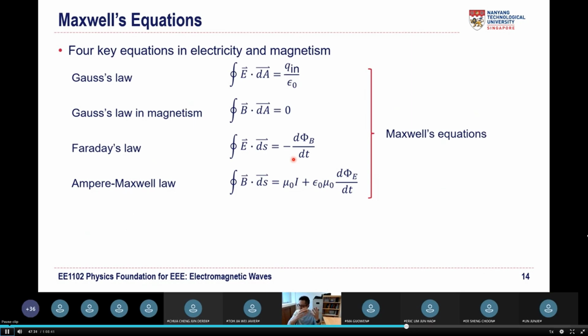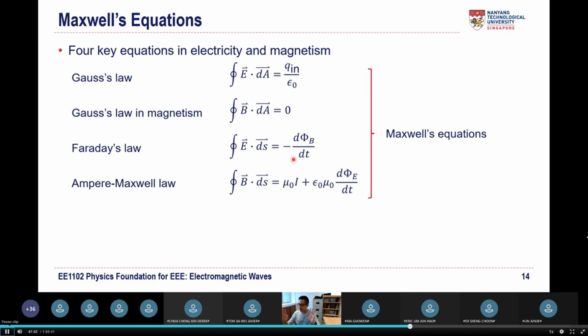And we all know that electric field also comes from the presence of charge, because opposite charges attract each other and like charges repel. There are forces between the different electric charges, right?